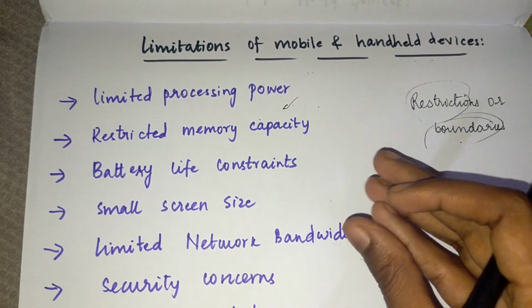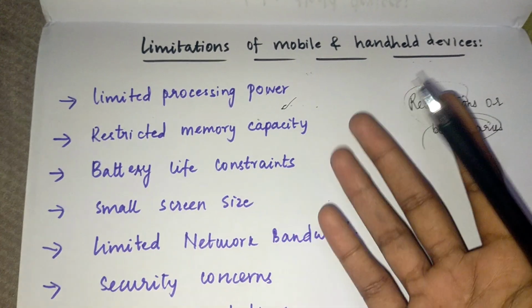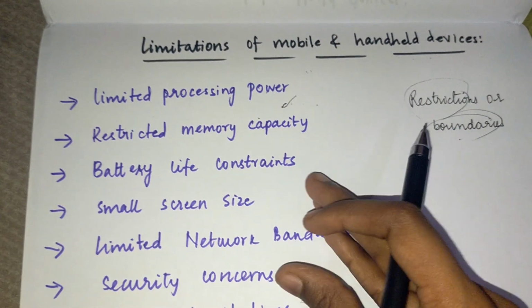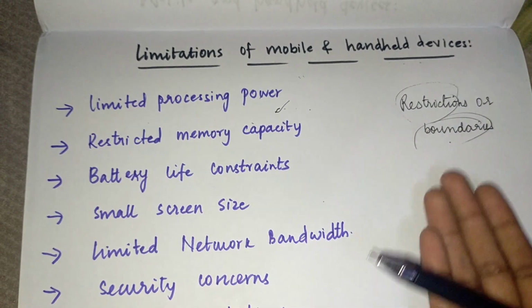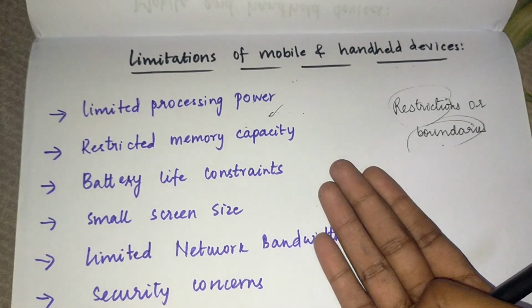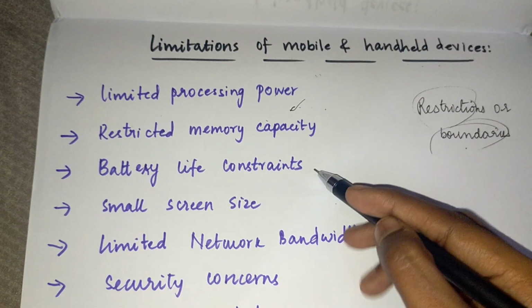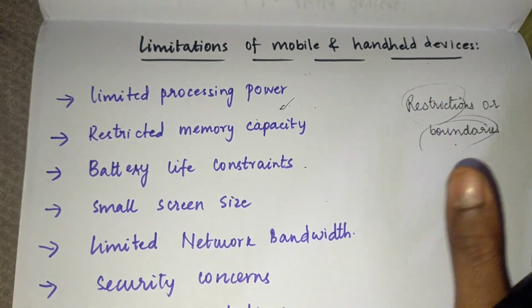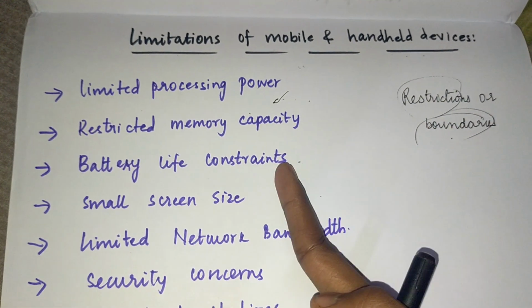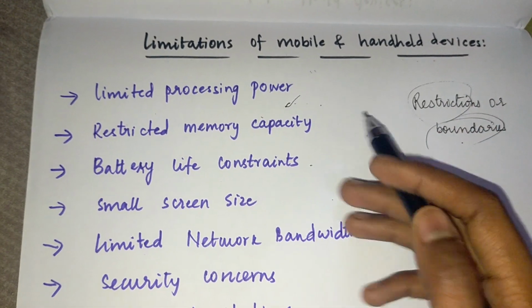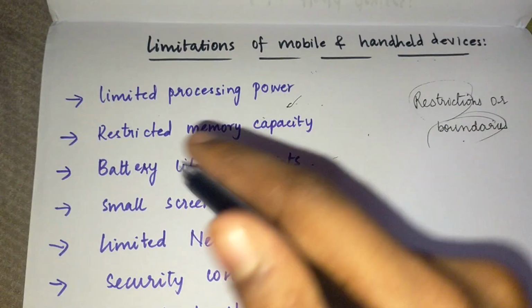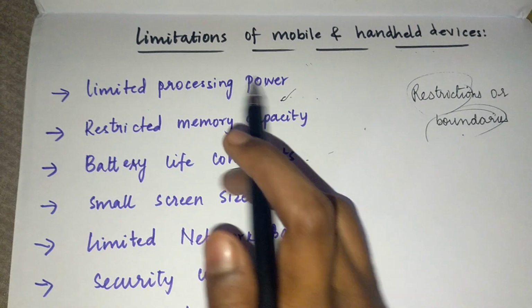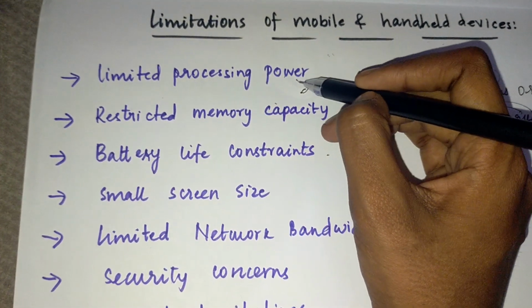We have some storage, like 256 or 128 GB. So, compared to desktops, this affects the ability to handle some complex tasks. For example, in a laptop you can use Excel sheets and all, but can you use the same on your phone? No, you cannot. So they have less computing power compared to desktops, which affects their ability to handle some complex tasks. Clear?